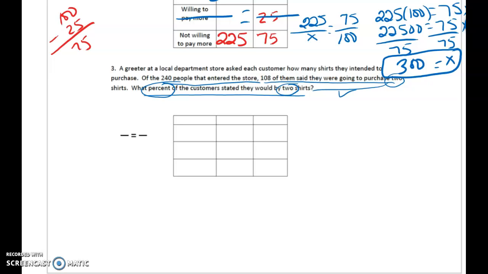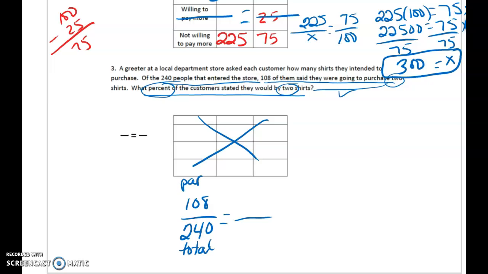So we don't have to use this table. We can write our own over here. So we know we have the part that said they were buying 2 shirts was 108. Our whole, the number of people that entered the store, was 240. And then we need a percent, and we know this is 100.